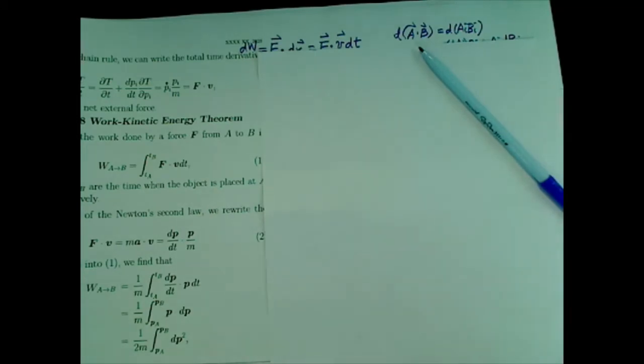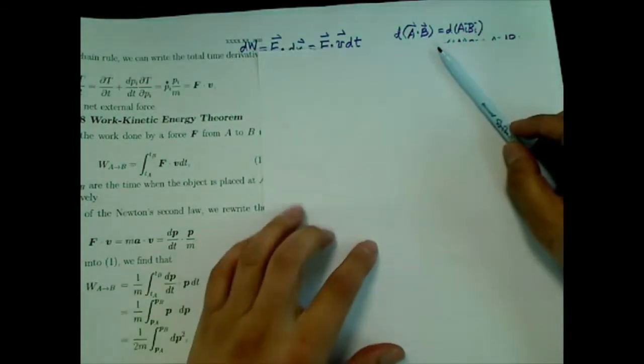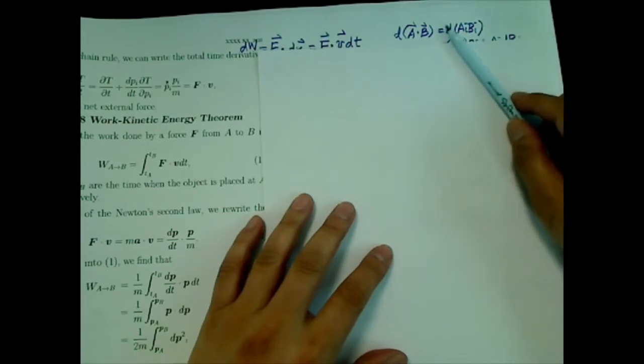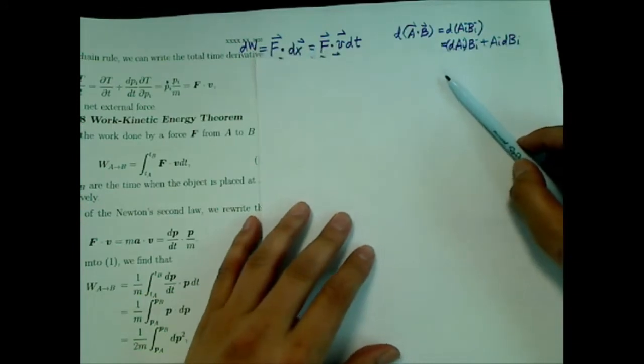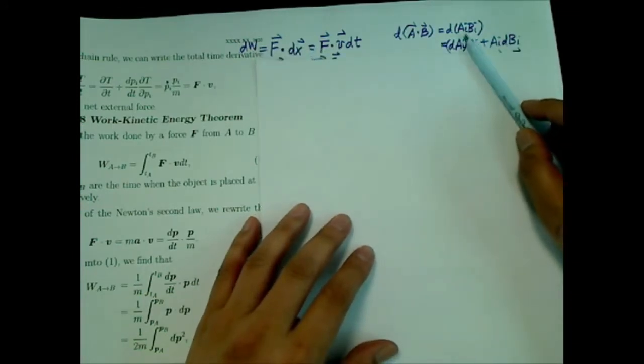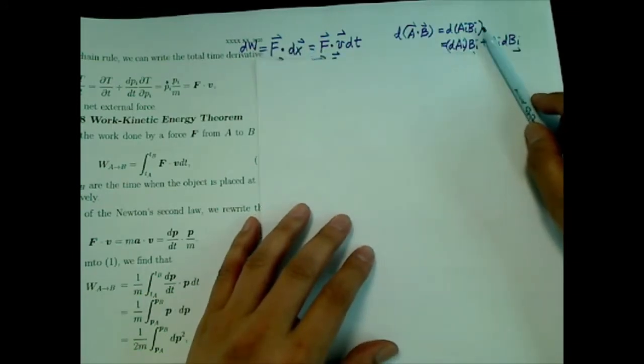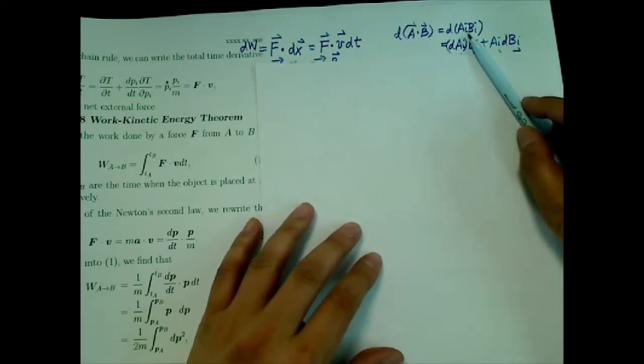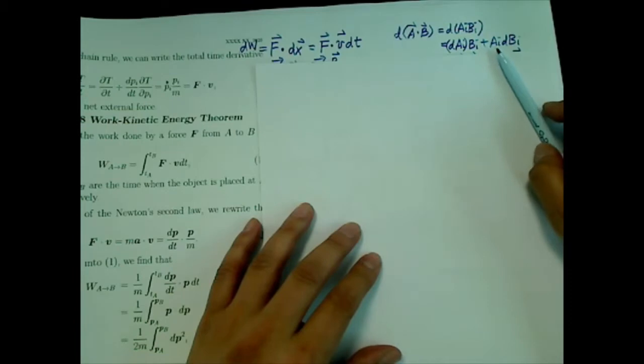This scalar product can be expressed in terms of components, that is a_i b_i. Now we have two functions with differentials. Then the Leibniz rule can be used: we keep the first factor the same and take the differential of the second factor.